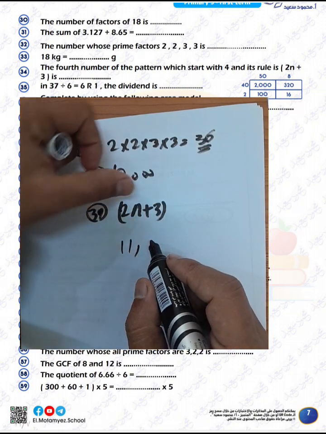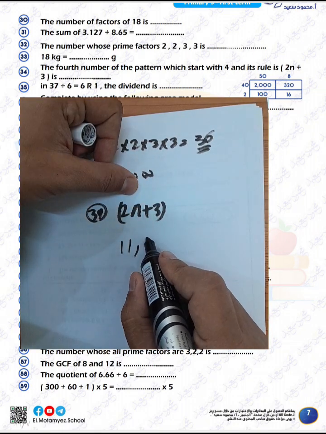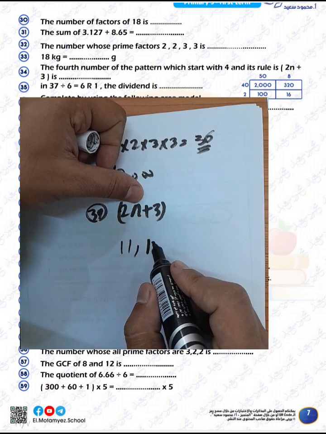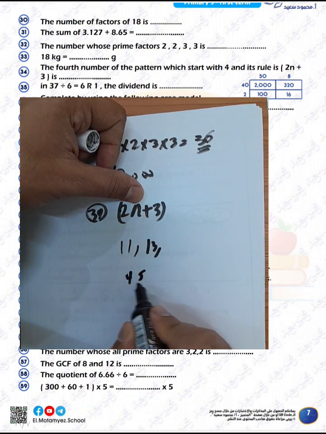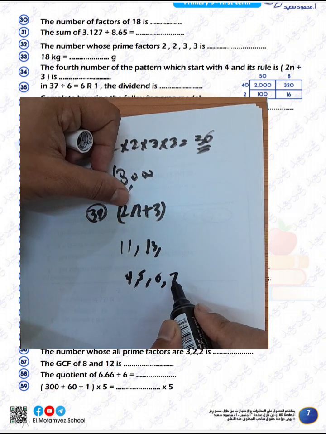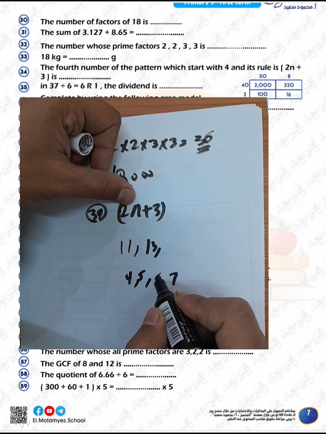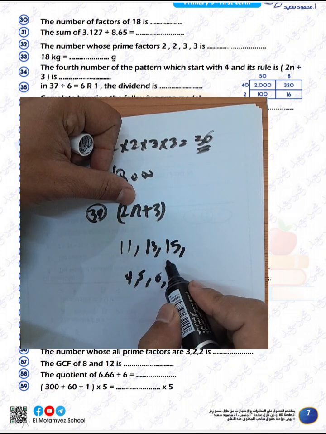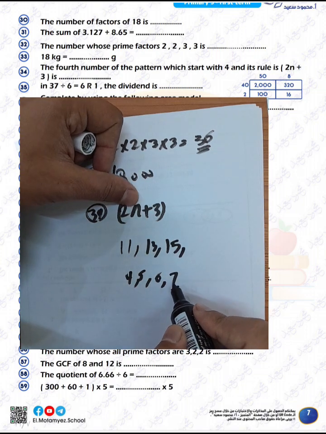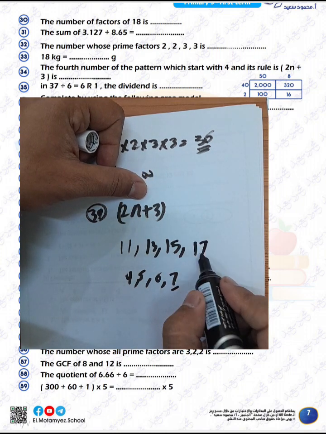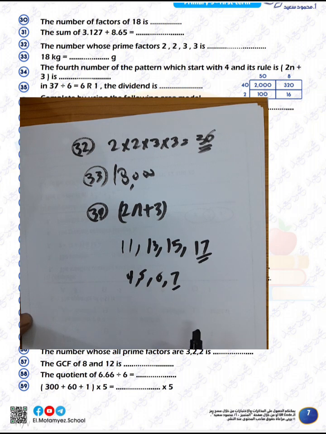But 5: 2 times 5, 10. 10 plus 3, 13. 6: 2 times 6, 12. We have 4, 5, 6, 7. 2 times 6, 12. 12 plus 3, 15. 2 times 7, 14. 14 plus 3, 17. The result here will be 17. It's the fourth number of the pattern which starts with 4 under the rule.